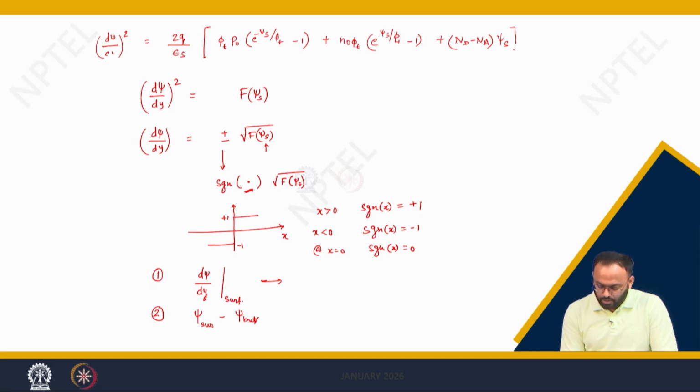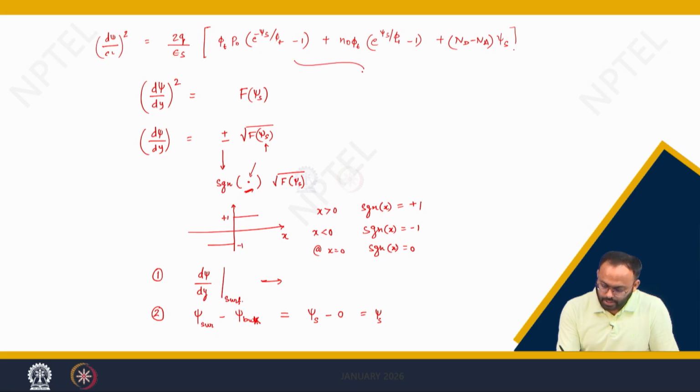If I know the potential at the surface and at the bulk, I can decide the direction of the electric field. So this can be written as ψs minus the bulk potential, which is 0. We just claimed that in the neutral region the bulk potential will be 0. So, this is ψs.